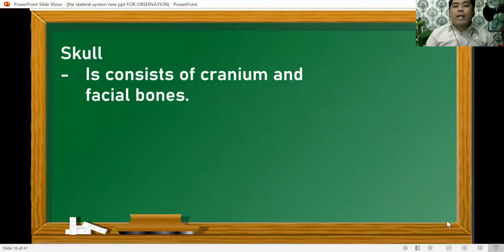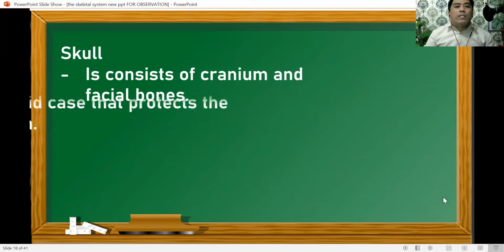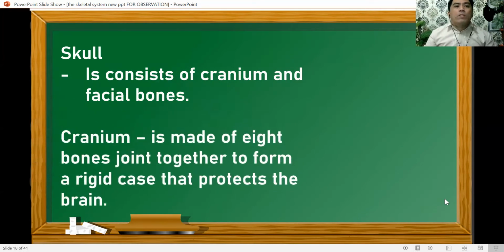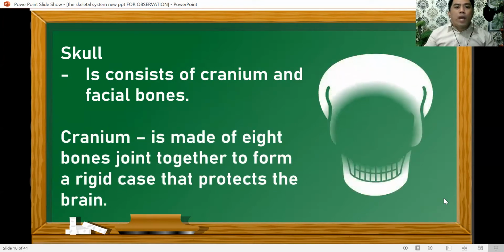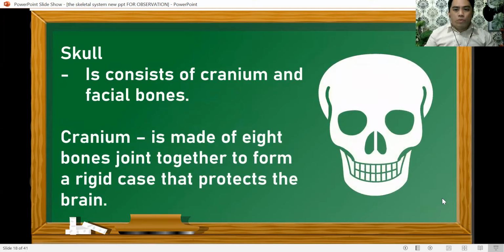Okay, so pag-aaralan natin yung iba't ibang bones sa ating katawan. Ano ba ang kanilang functions? Saan sila makikita? Ilang piraso ang mga ganyan. Okay, so unahin natin ang skull. So skull consists of cranium and facial bones. Yan, yun ang skull natin. So ang cranium naman is made of 8 bones joined together to form a rigid case that protects the brain.